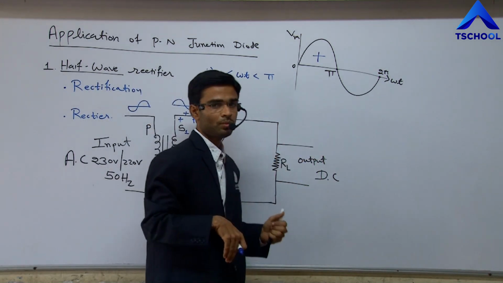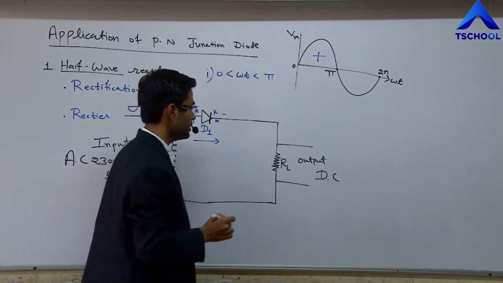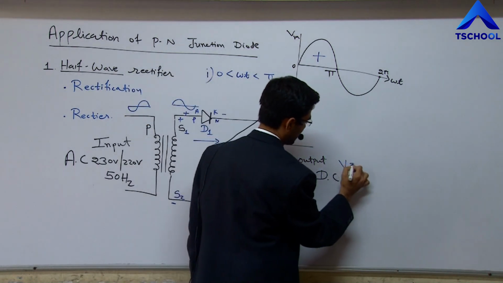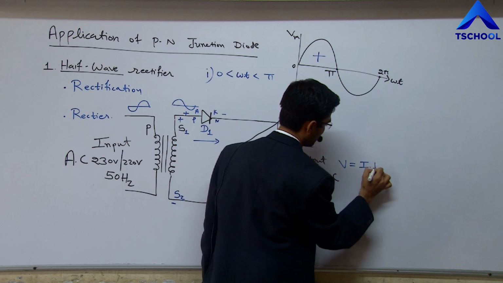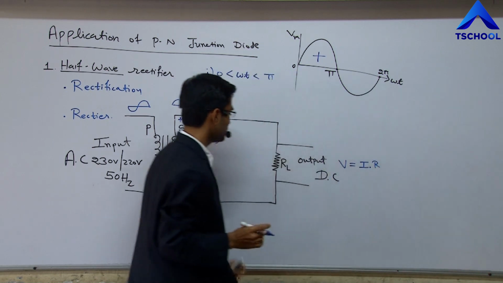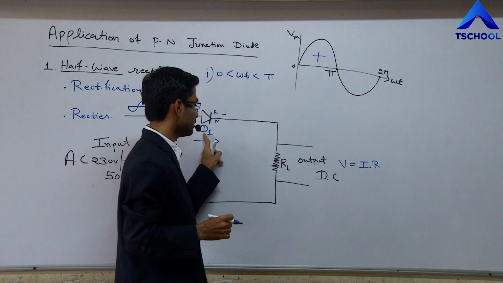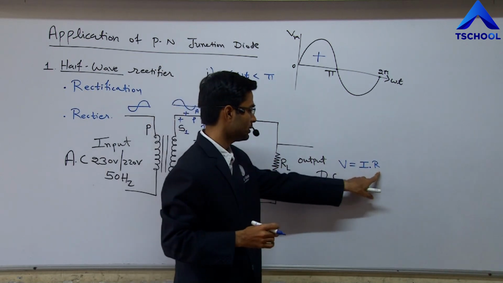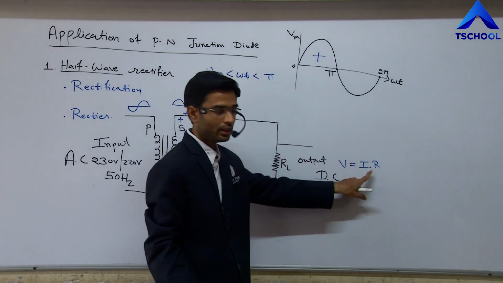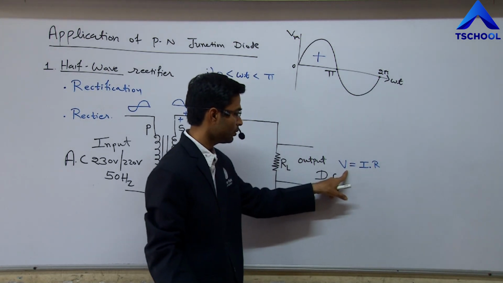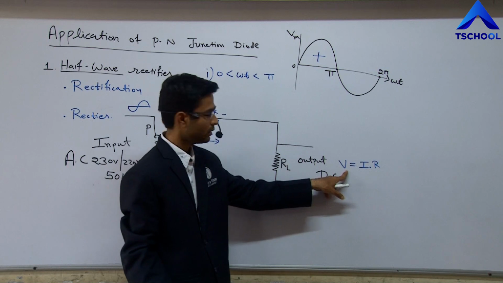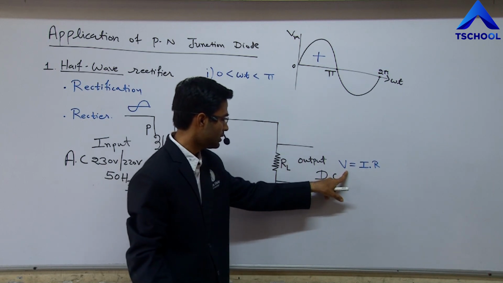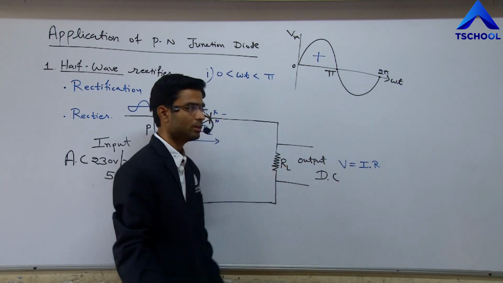According to Ohm's law, V is equal to I into R. I means the conventional current flowing through it, and the product of current and resistor gives the voltage, so we can take the output easily from that load resistor RL.